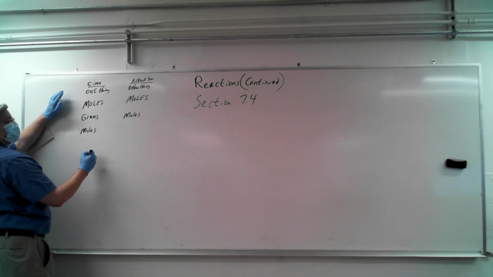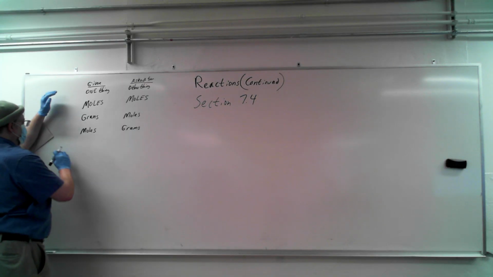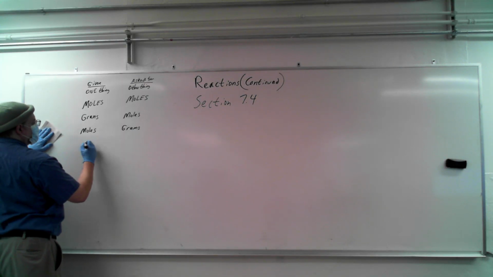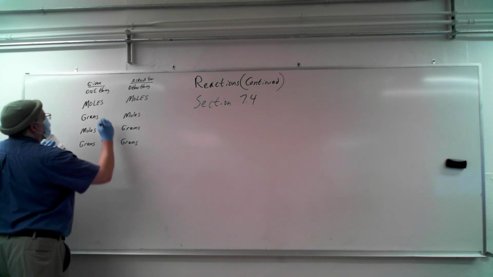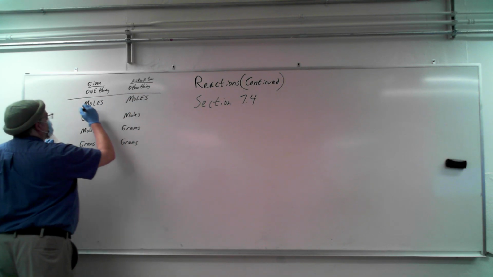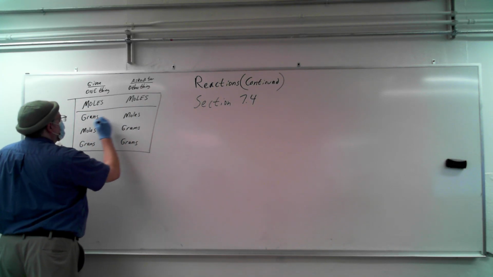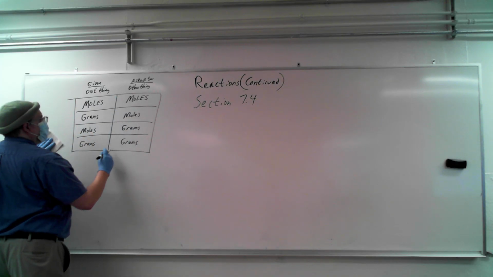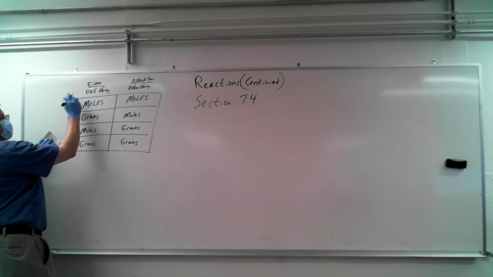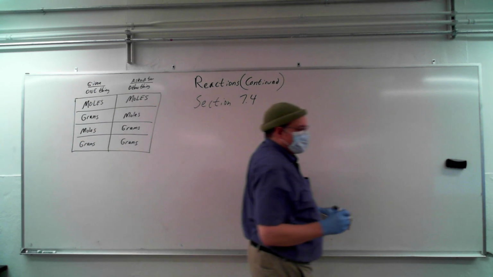You might be given moles of one thing and ask for grams of another thing. And then the longest calculation would be grams to grams. So realize that's always what it comes down to, these types of problems. And I've put these in order of difficulty. Difficulty just being how long the calculation is.